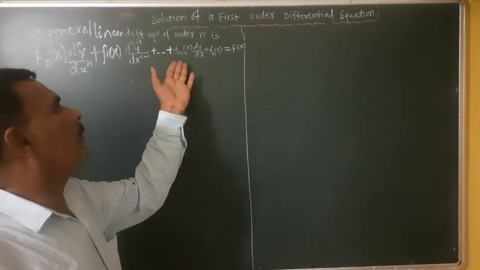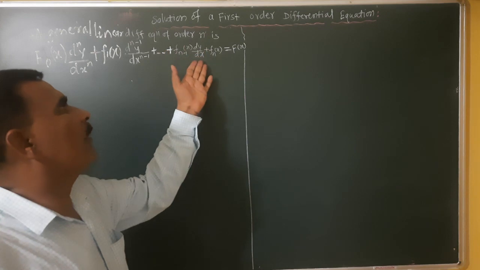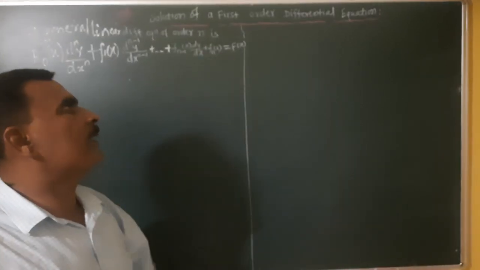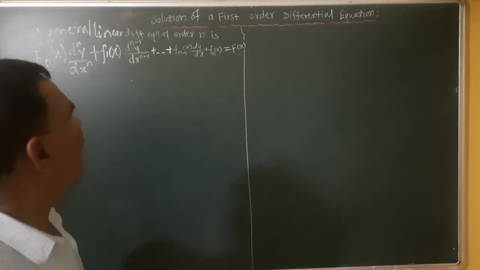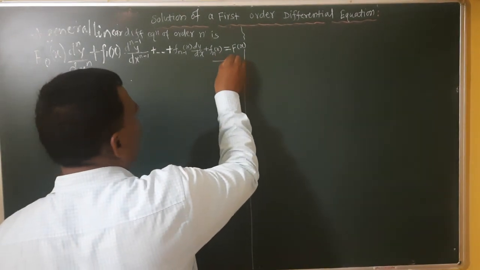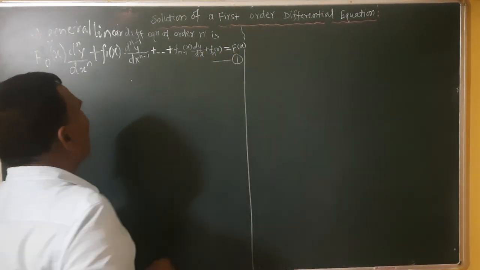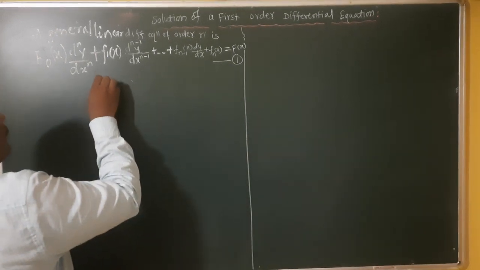The second last term is fn-1 of x into dy by dx, and the last one is fn of x is equal to f of x. This is equation number 1.